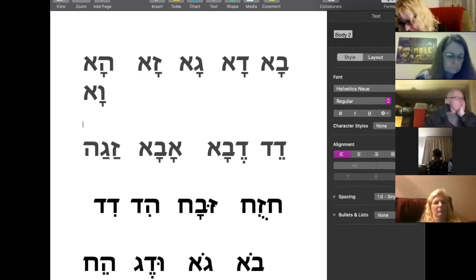So the 1 dot is not at the bottom or the top of the letter. If you go back to the chart, you'll see a vav, and it's just the letter they use to give an example. You always see it as an example when you're learning the Hebrew vowels. It's always the u sound.